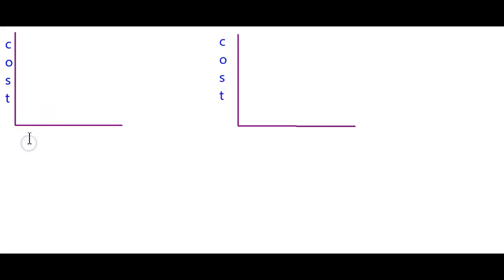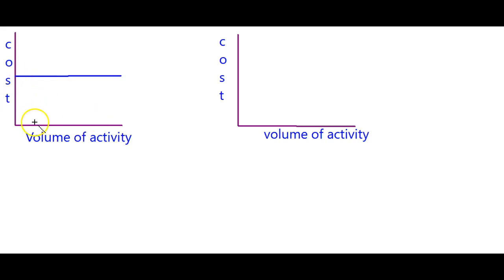And for here, I want this to represent my volume of activity. To demonstrate a fixed cost, the cost is not going to change regardless of what my volume is. Let's say this is my rent. If I live here for 1 year, my rent is still the same price. I know that looks kind of like it's going up, but it's just my bad drawing. It's a straight line.